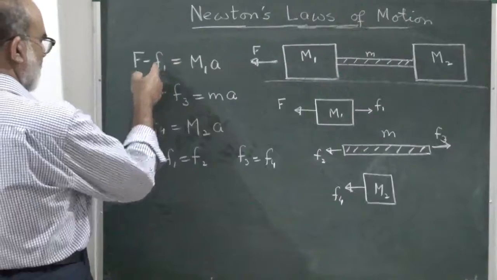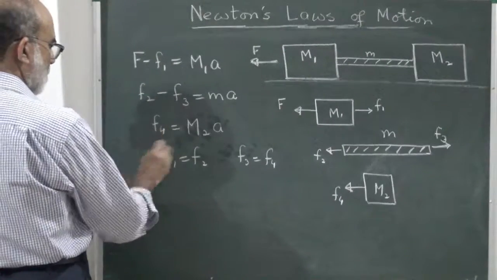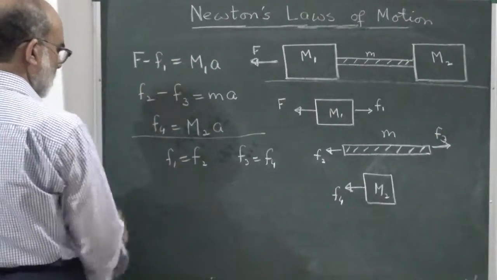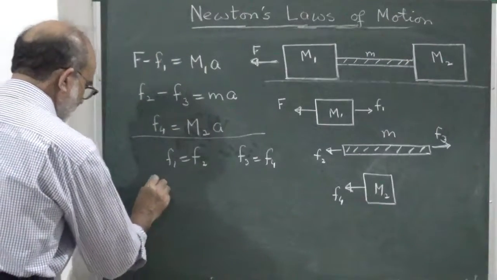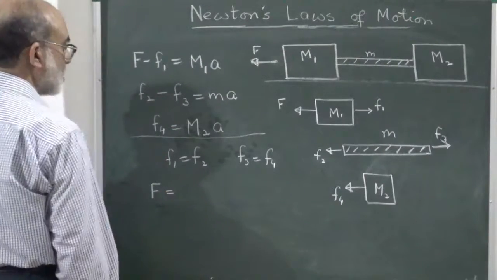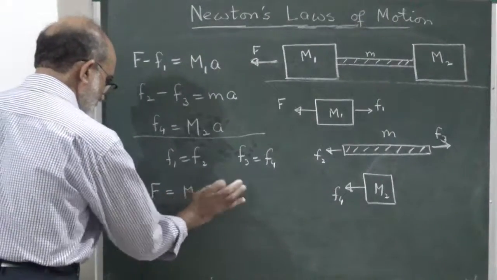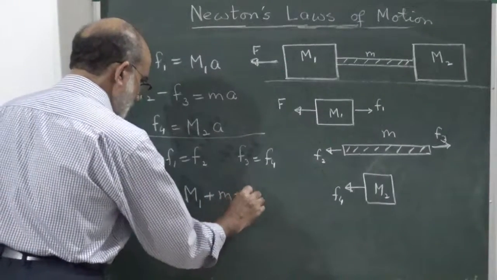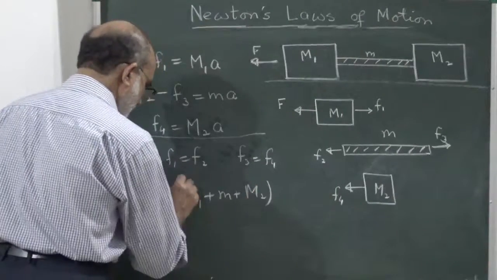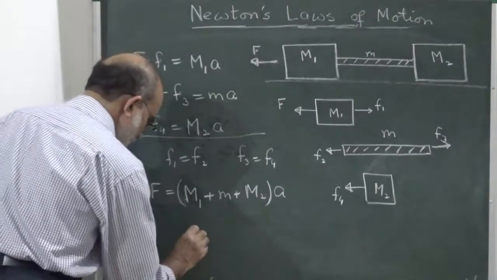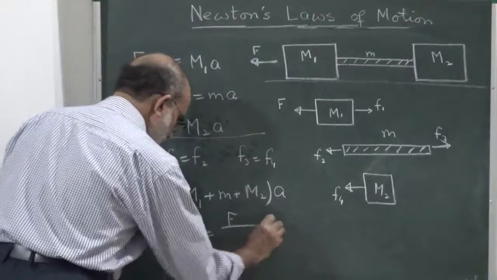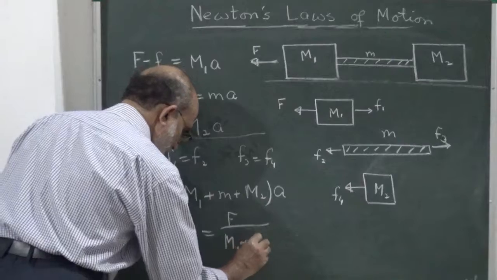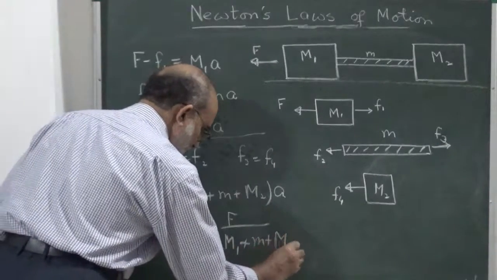So if you add the equations, F1 cancels with F2 and F3 cancels with F4, and the result is F equals A times (M1 plus M plus M2), or A equals F by (M1 plus M plus M2).